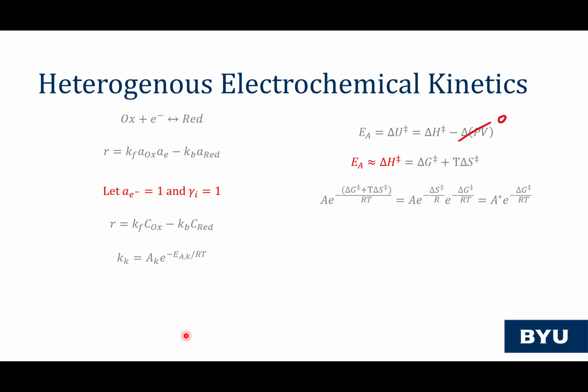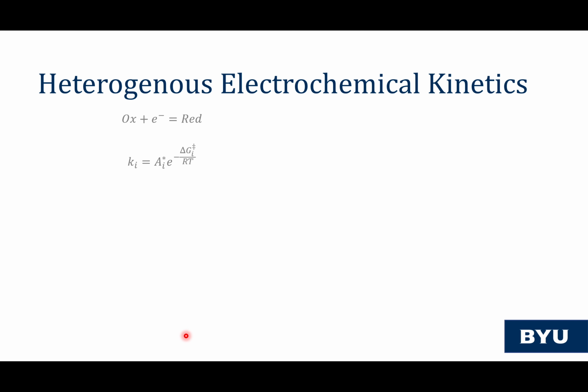Now what we're going to do is write out the Arrhenius equation again. We group the pre-exponential factor and the term with entropy inside of it. So now we have a new pre-exponential factor, and then we have an exponent with the change in Gibbs free energy to the transition state. So here's our new Arrhenius equation. Now we're going to take this new Arrhenius equation and write out what the Gibbs free energy of transition is a little bit more closely.